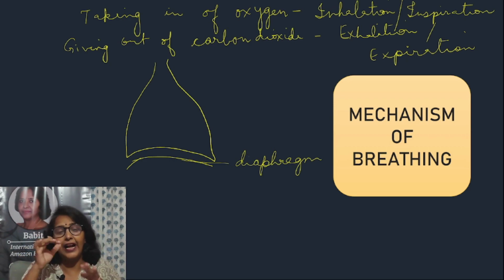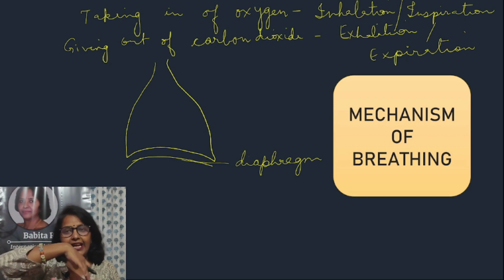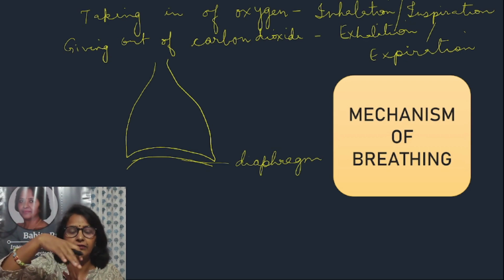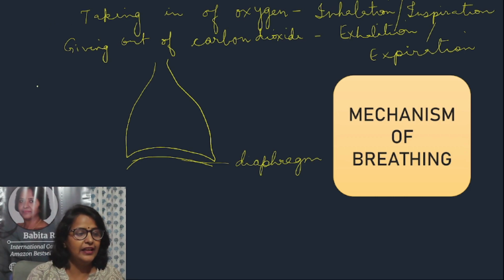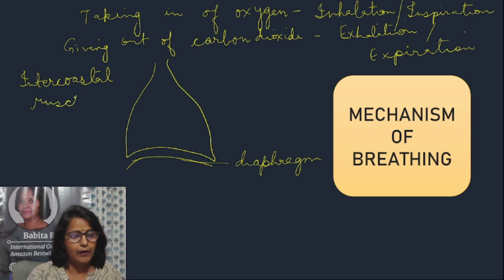The entire thoracic cavity is present inside the rib cage. The rib cage has muscles in between two ribs which are known as intercostal muscles. And we have another muscle which connects the diaphragm to the ribs.